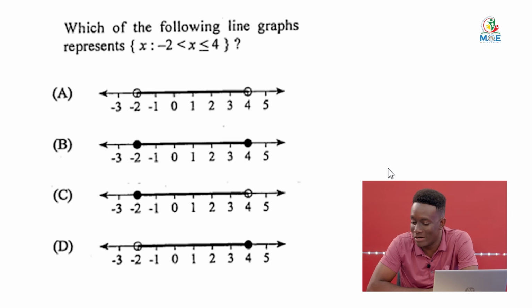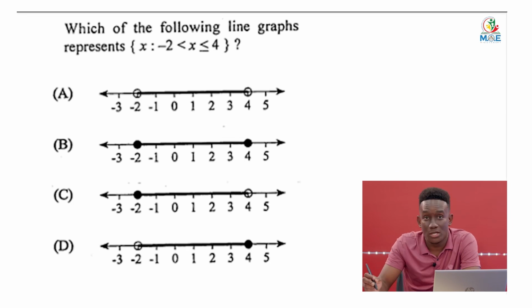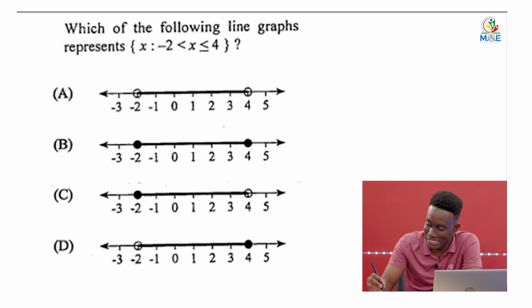This one says, which of the following line graphs represents x is greater than -2, x is also less than or equal to 4. So we see here, this less than sign, the circle over the -2 will not be shaded. So this ticks off and this ticks off.